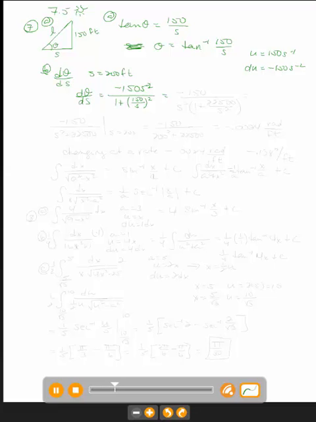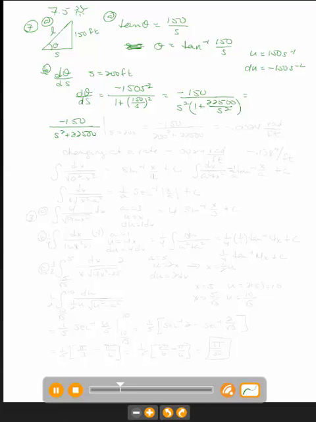If I clean this up, I have my negative sign, I have 150. If I bring the s squared down, and this is 1 plus, the book says 22,500, I'm going to believe them, over s squared. If I distribute the s, I get negative 150 over s squared plus 22,500. So there's my derivative.